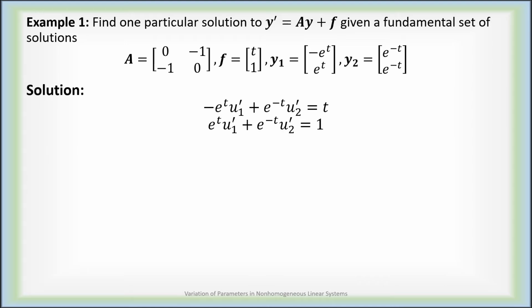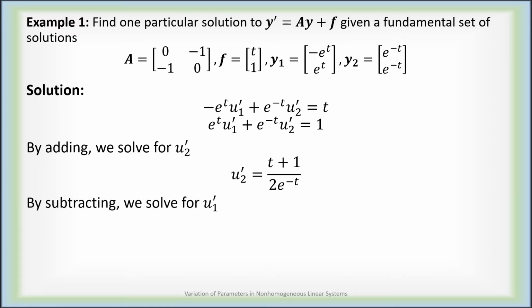So here we have two equations involving both u1 prime and u2 prime. If we add the two equations together, we will exactly cancel out the term with u1 prime in it. So we end up with u2 prime equals t plus 1 over 2 e to the minus t once we solve for u2 prime. If we subtract the two equations from one another, we can solve for u1 prime and get 1 minus t over 2 e to the t.